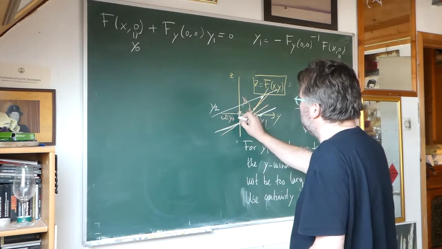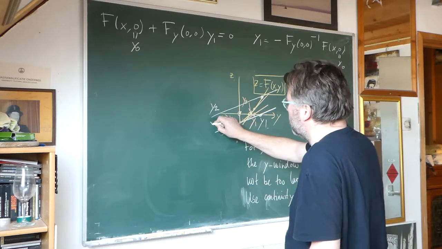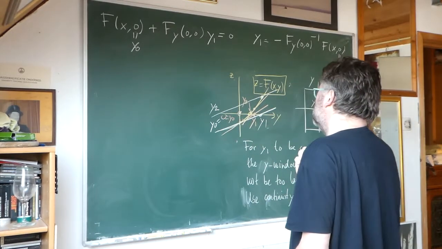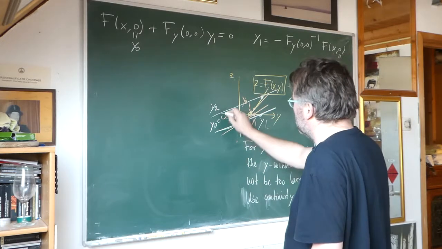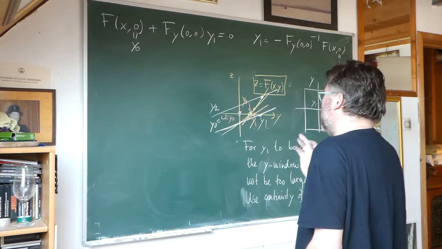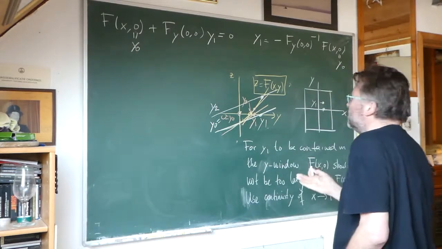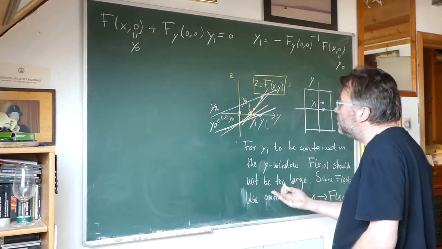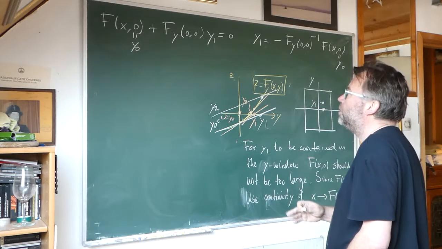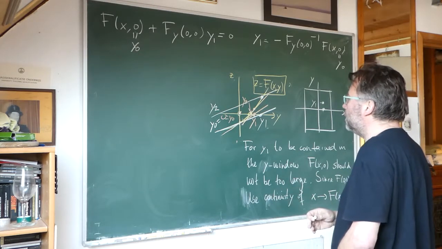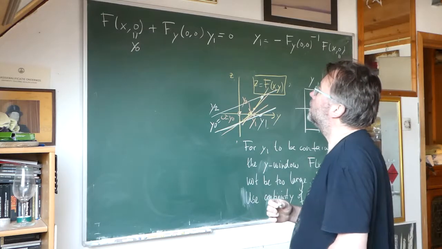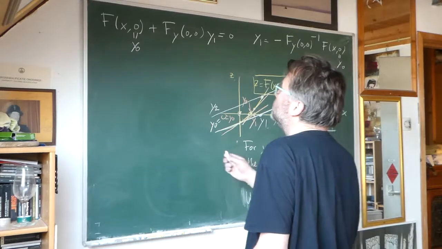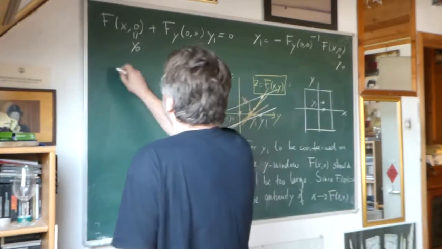I started in the origin with y0 equal to 0, which gave me y1, which gave me y2, and then the next one, y3. So a priori it's not so clear that this is well behaved. We have to use some additional information to make it well behaved. To do that, I first look at the formula for y2. So how do I get y2?